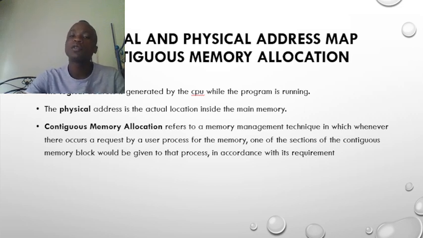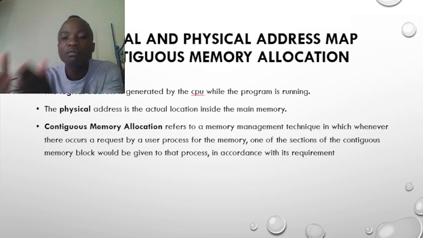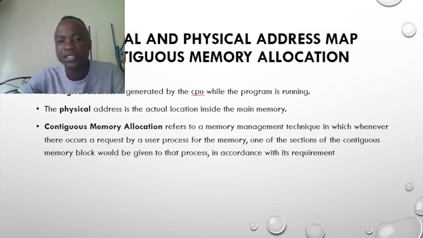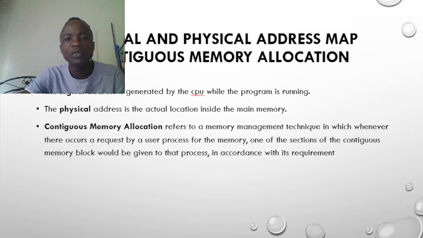Contiguous memory allocation is the systematic, orderly arrangement of memory addresses and memory stores. Logical is virtual, and physical is the memory where we store our data permanently.